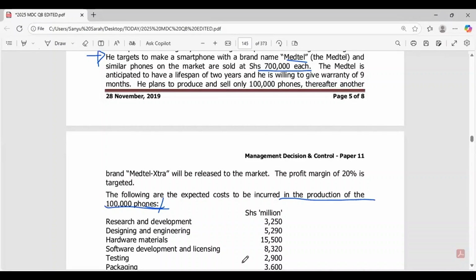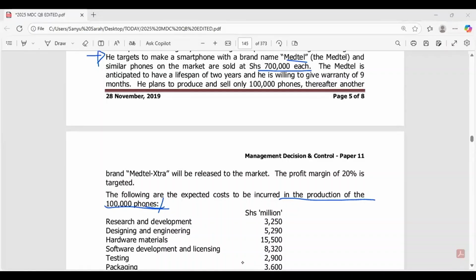Now, when the examiner gives you a market price and the desired profit, that means he's talking about target costing. For us, this is the cost we are going to incur if we are to produce the Medtel. But what about the target cost? The target cost is that cost that takes into consideration the market prices, or the price the customer can afford.